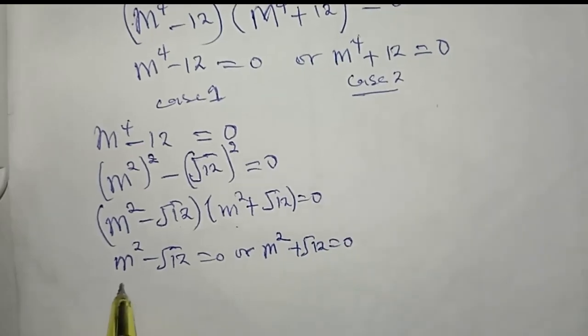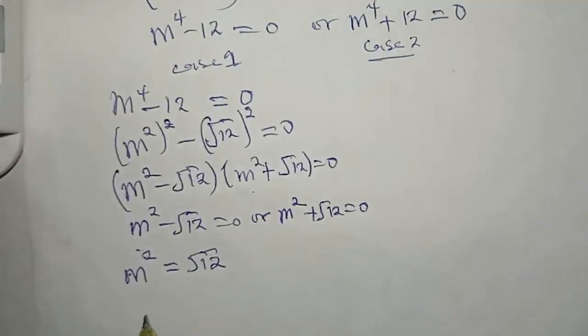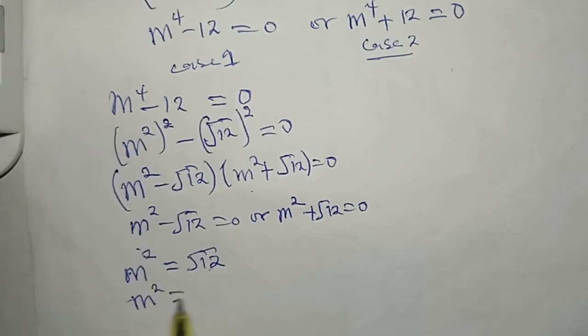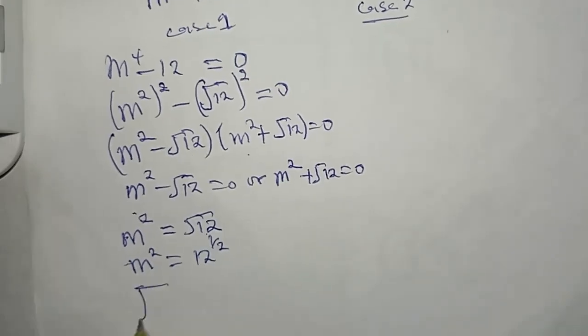So solving for this, obviously m power 2 is equal to square root of 12. And of course I can rewrite this square root of 12 as 12 power 1 over 2. So that I can take the square root of both sides.